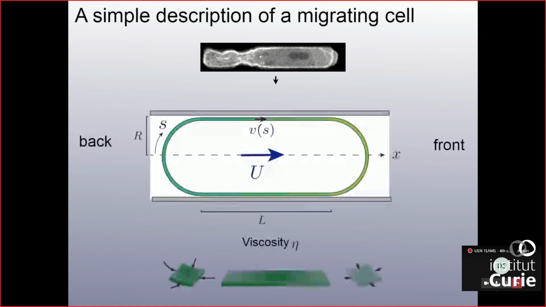Okay, and one can then make a model of this using this active surface model, where now the cell is represented by a two-dimensional surface of active fluid, which has a viscosity, and there is also this active tension, which is not the same everywhere, so it's higher in the back than in the front.